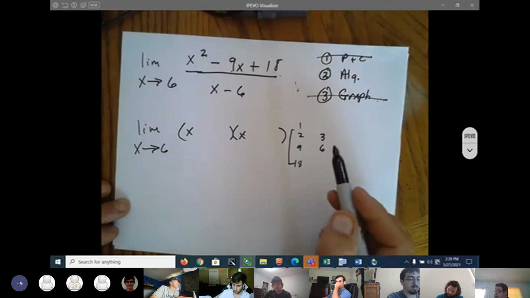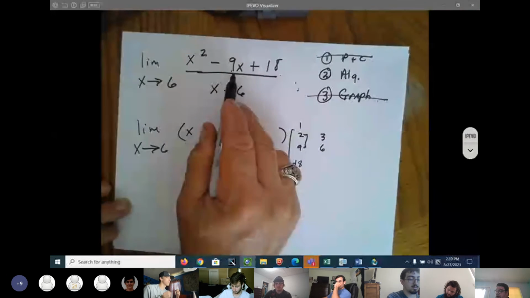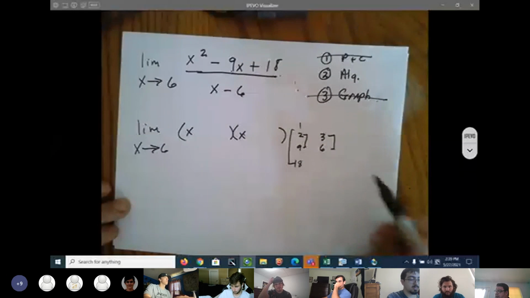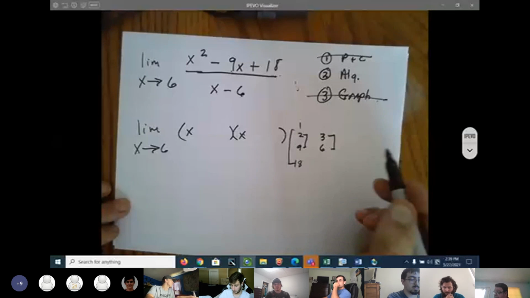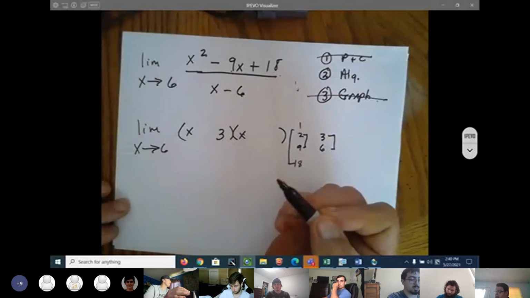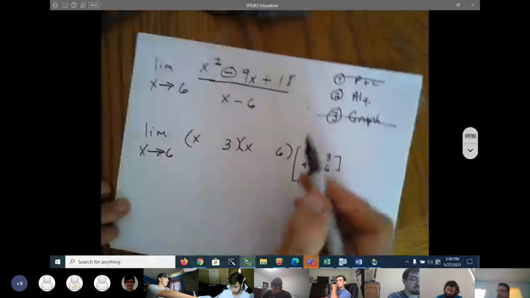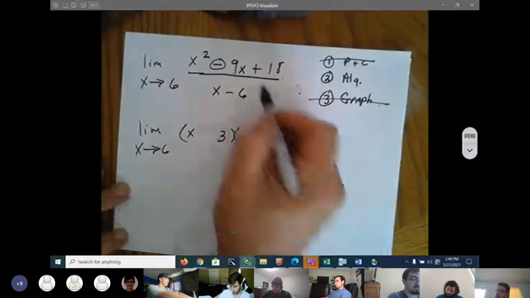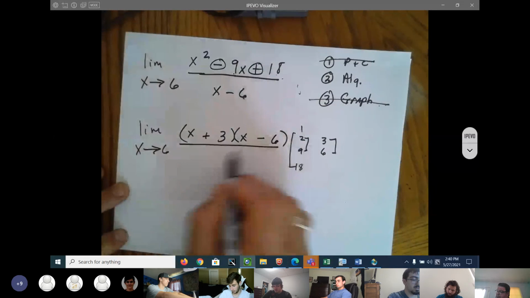We need 9. 2 and 9 will give you 11 or 7. We need 9. 3 and 6 will give you a 3 or a 9. So 3 here and 6 here. We need a negative, so that means the biggest number has to be negative. This means unlike signs, and divide that by x minus 6.